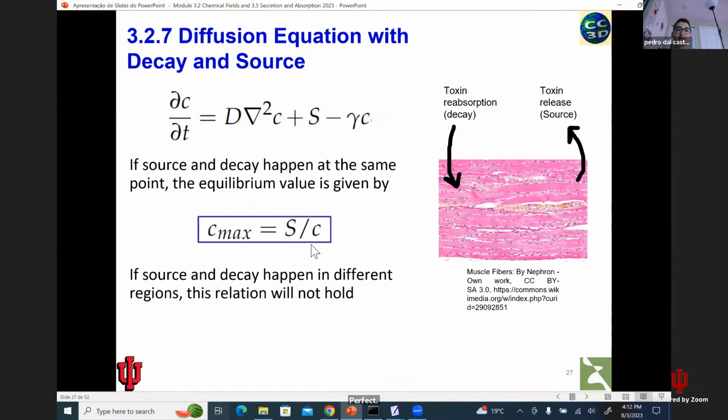Keep in mind that this relation may not work, for example, if your source is in a different location than your decay. If they are in different positions, different locations, this relation will not be obeyed by your field.